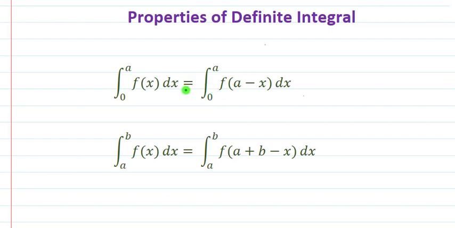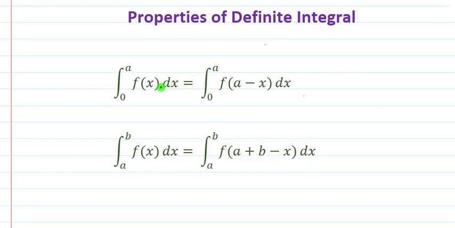The last property that I discussed in the previous video was that the integration for the limit 0 to a of f(x) dx can also be written with the same limit 0 to a as f(a minus x) dx.